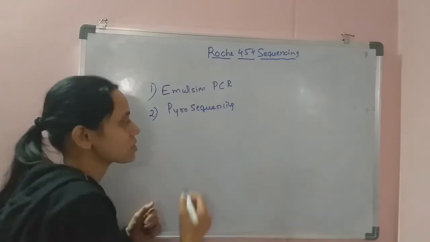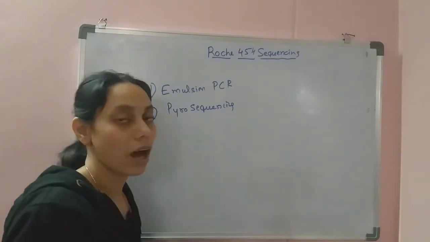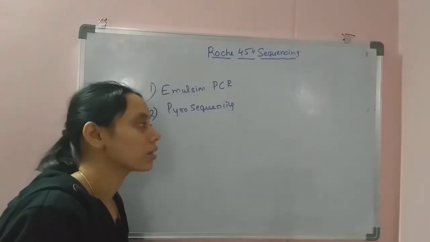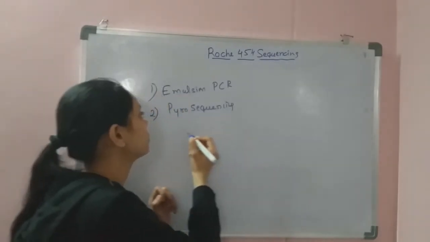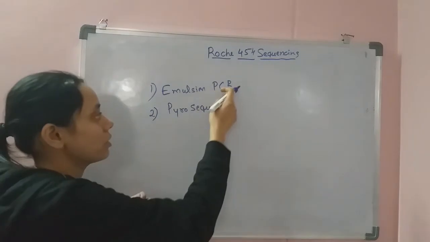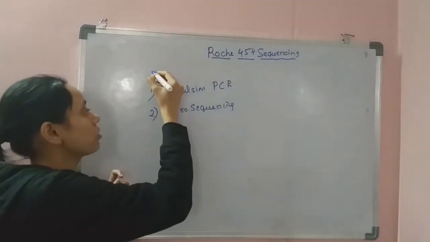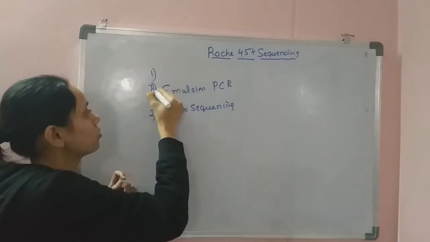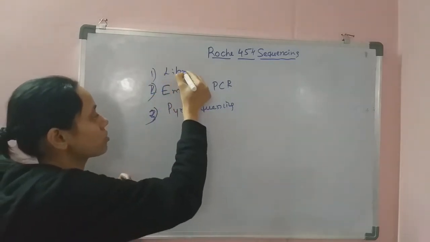So the basic sequencing procedure is pyrosequencing. This is the long form of pyrosequencing. Before going to the main PCR amplification, we also need to do library preparation.